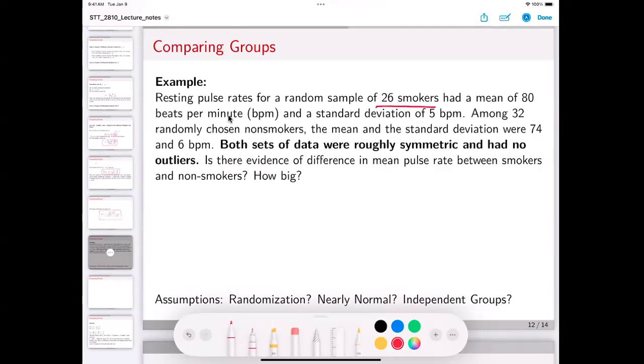So this is the sample, and the sample size for the smokers is 26. And then they had a mean of 80 beats per minute, and a standard deviation of 5 beats per minute. So we have smokers here.